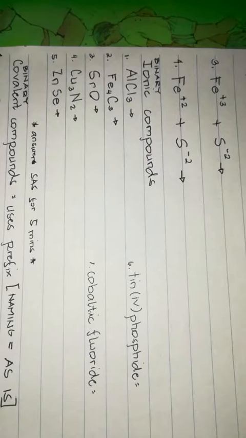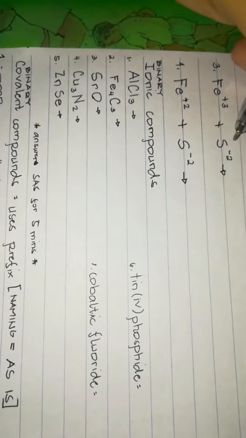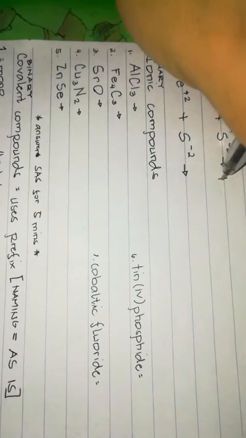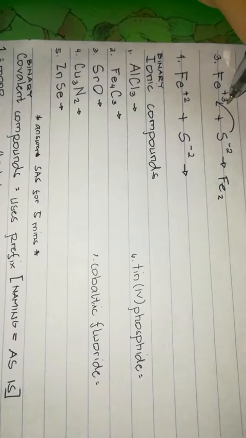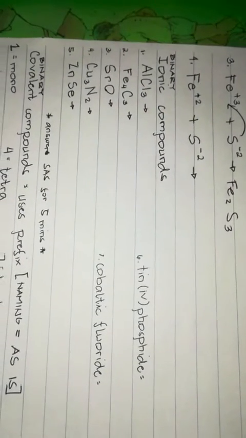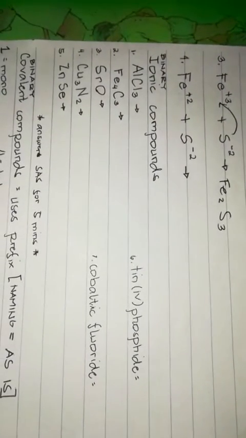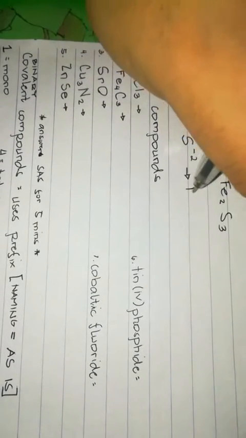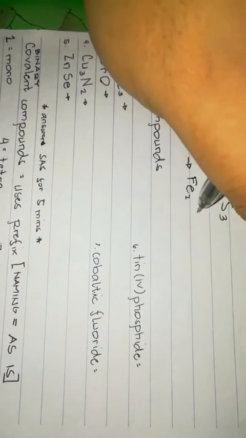Next, we have this one. Iron positive 3 plus sulfur negative 2. Yung 2 ni sulfur mapupunta kay iron. So write down Fe2. Next is, yung 3 naman ni iron mapupunta kay sulfur. So, write down 3. So, Fe2S3. Next, yung 2 ni sulfur mapupunta kay Fe. So, maging Fe2. Yung 2 ni iron mapupunta kay sulfur.